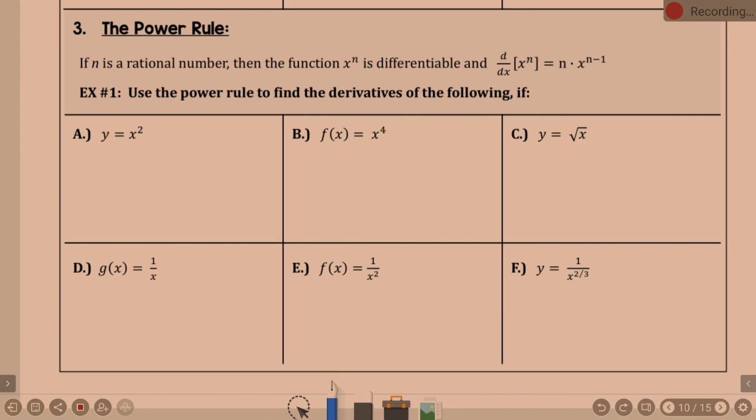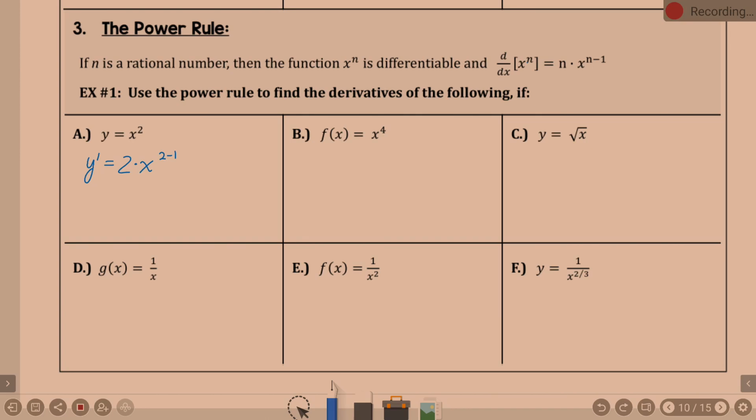So y equals x squared. If I'm talking y prime, think of this as x to the n, right? That 2 is going to go where? Out front, so 2 times x to the, and then in my exponent it's going to be 2, take away 1.